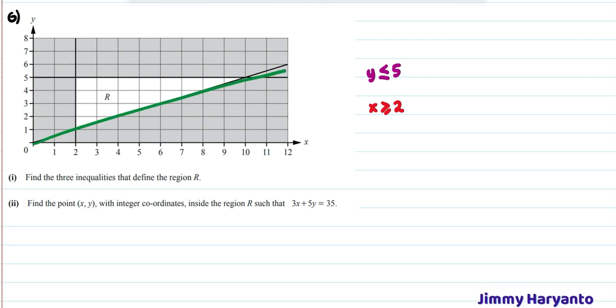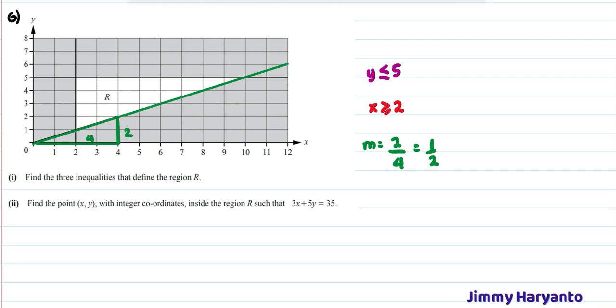Next is this one. For this one, I will use this triangle. The rise is 2, the run equals 4. So the gradient will be rise over run equals half. Yeah, it's going to the top right, that means the gradient will be positive.